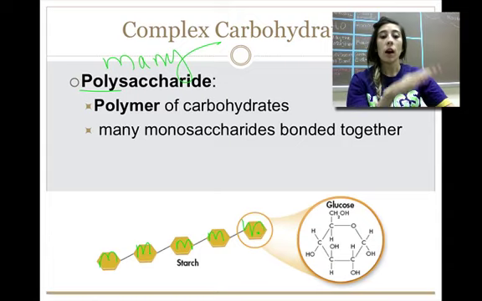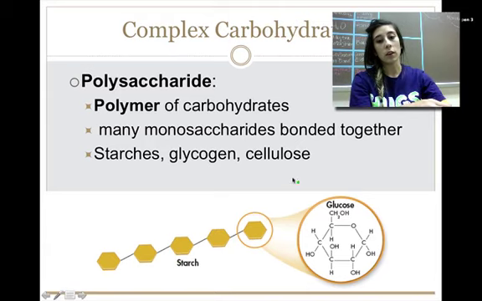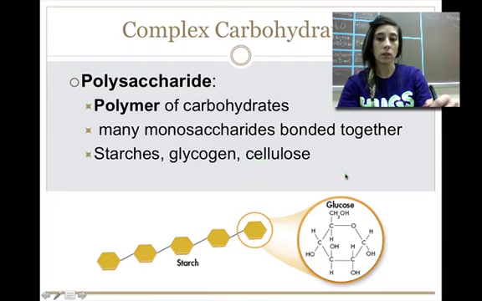I'm sorry, that equals starch. So all of these monomers right here are a glucose, and many of them together gives you a starch. Another example would also be glycogen. And then also cellulose, and cellulose we see inside of plants. So this is the sugar that's inside of leaves, trees, flower stems, those sorts of things.